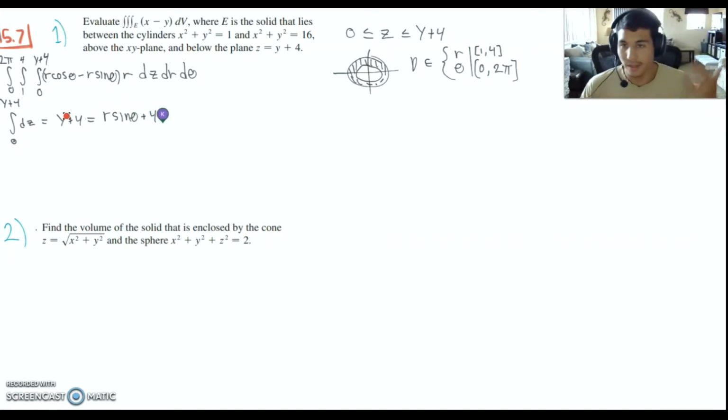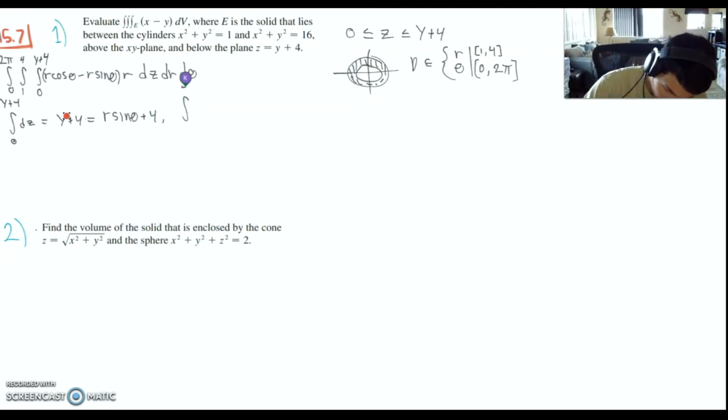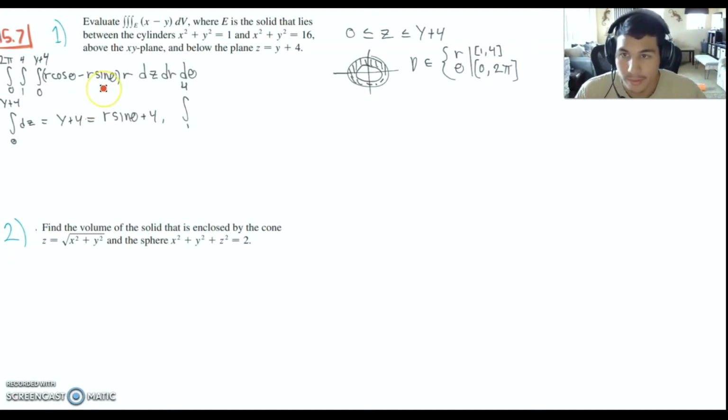But now we have to move that into our next integrand. So our next integrand is going to be from 4 to 1. And we're just thinking about r's here. We had an r here, an r here, an r here, and we're going to multiply it by this.